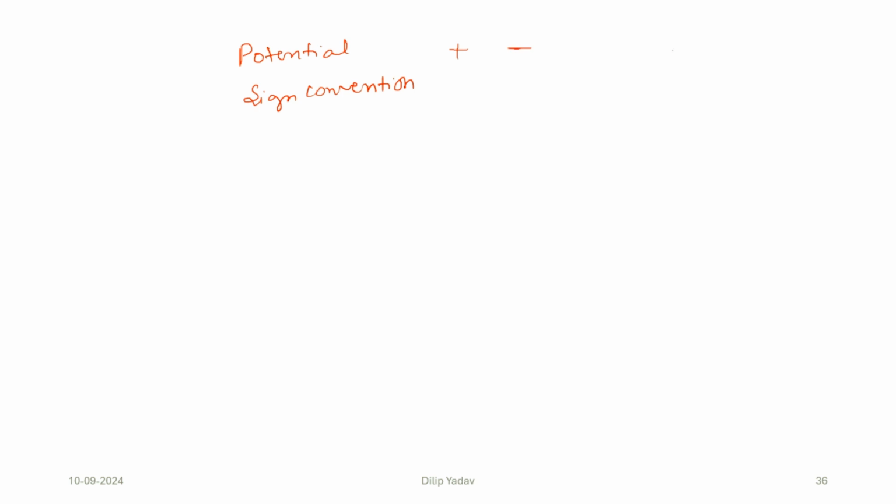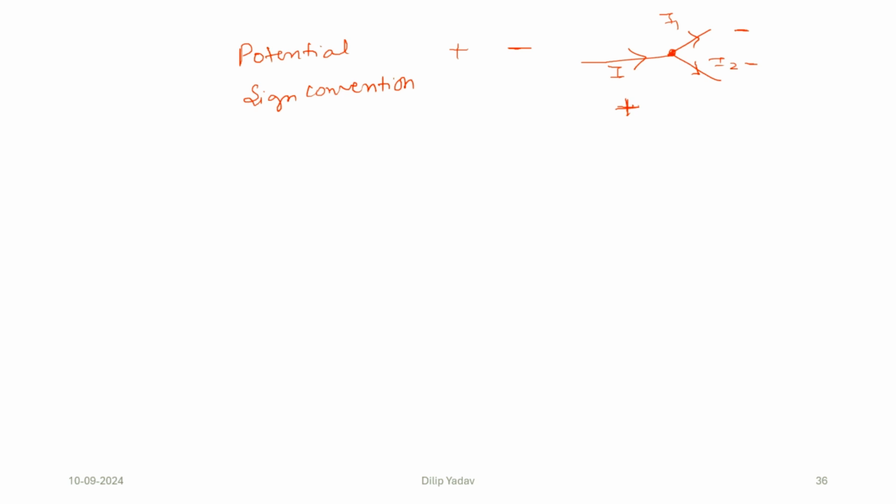At the node, if the inward current is there, it is positive, that is I1 plus I2. That means I1 direction is going inward, so we said it is positive, and whatever is going outward is negative. So these were the conventions that we have taken.